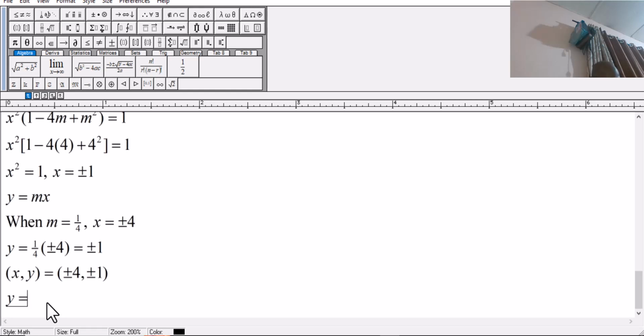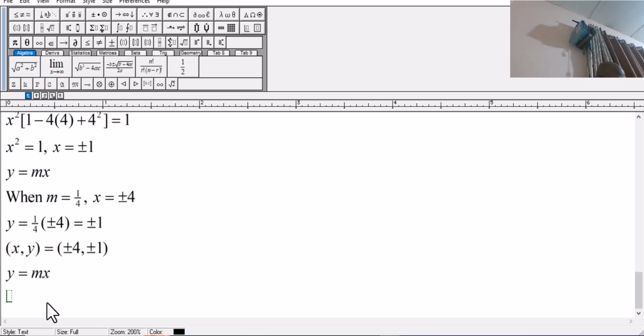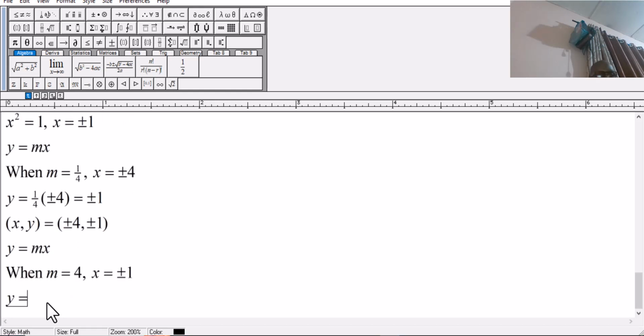Y is equals to mx. So when your m is equals to 4, our x is equals to plus or minus 1. So you put that. So y is equals to 4 into bracket. So what we have there is 4 plus or minus 4. So we have plus or minus 4.